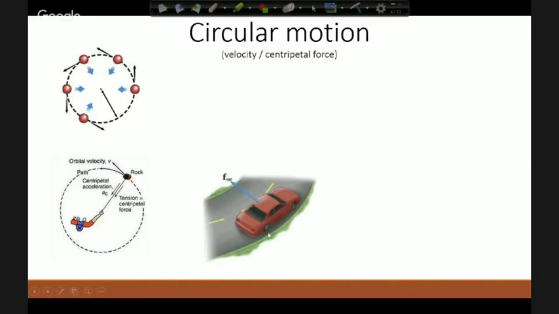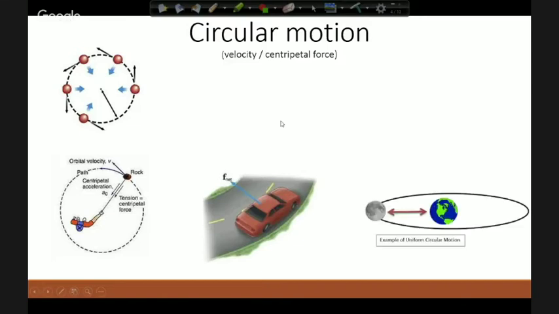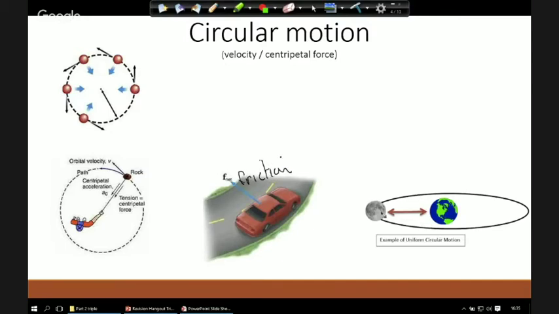So it's friction between the tires and the road which is keeping the car going round the corner. The next one is gravity. This one is our example of the moon going around the Earth, or in fact any satellite going around the Earth. The centripetal force responsible for keeping it in its orbit is gravity.